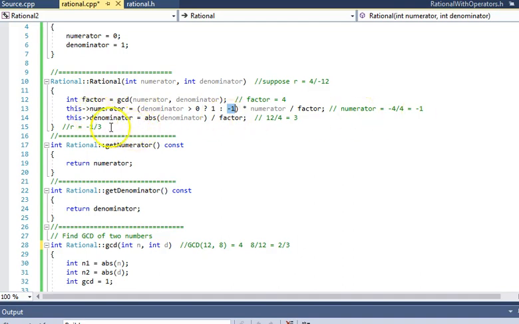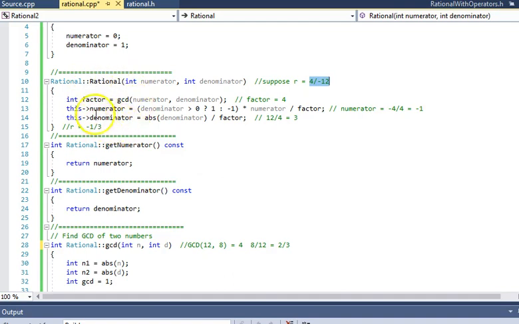And then it updates the value of the denominator as well, which will take the absolute value of the denominator, in this case absolute value of negative 12, which is 12, and then divides it by the greatest common divisor, which is 4. So 12 divided by 4 is equal to 3. So our fraction entered as 4 over negative 12 is basically reduced to negative 1/3.